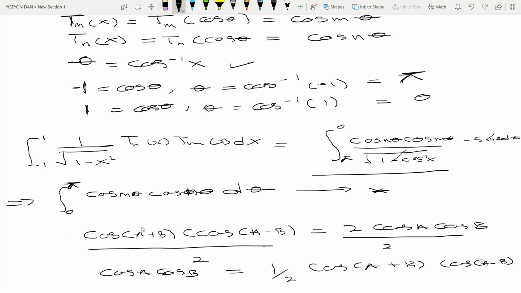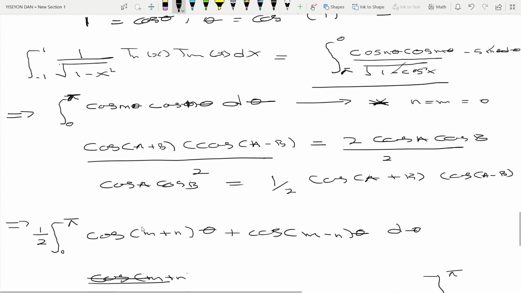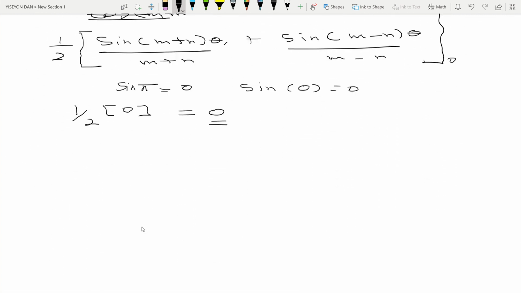Equation star is what we're using for every other one. So when n is equal to m and equal to 0, everything over here will be cos 0. Do you understand? Cos 0 is 1.